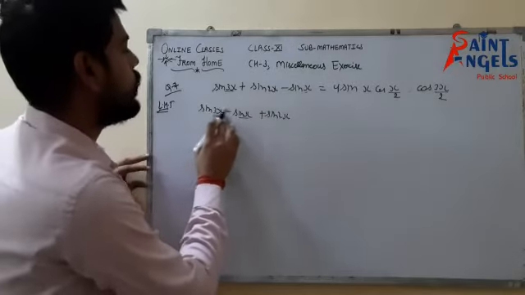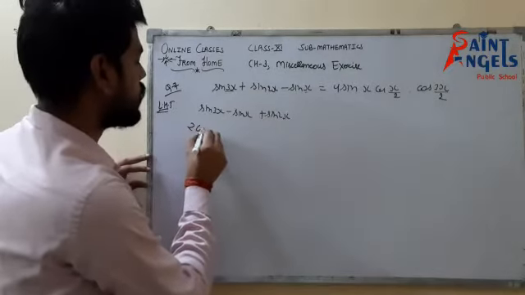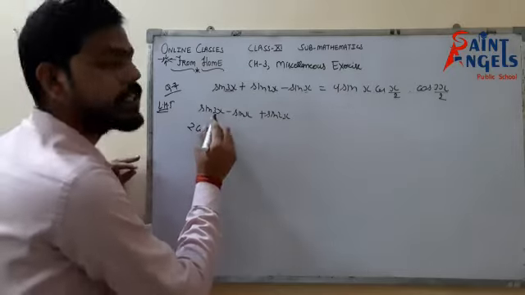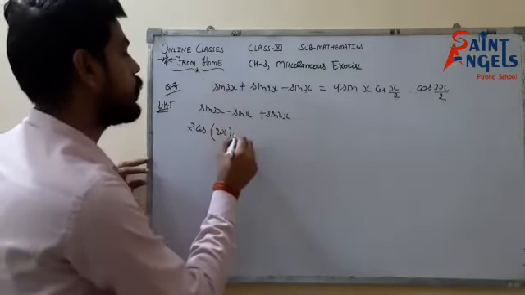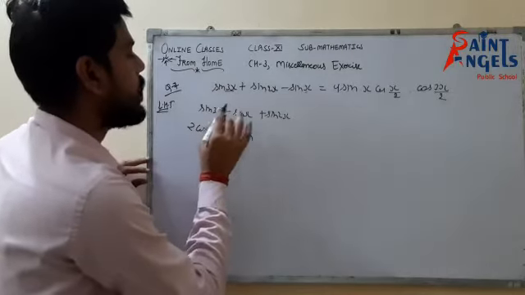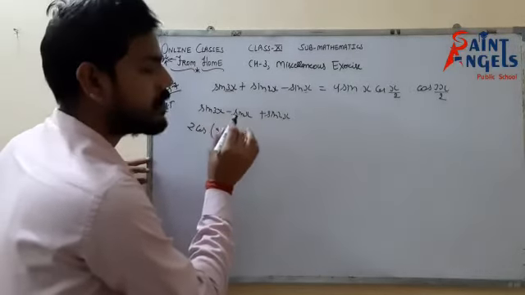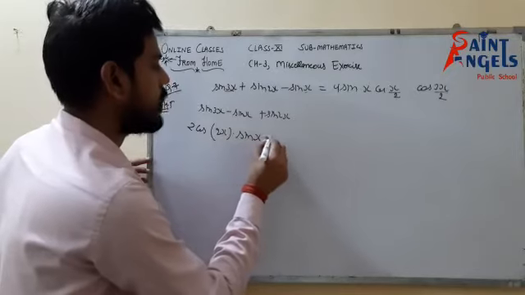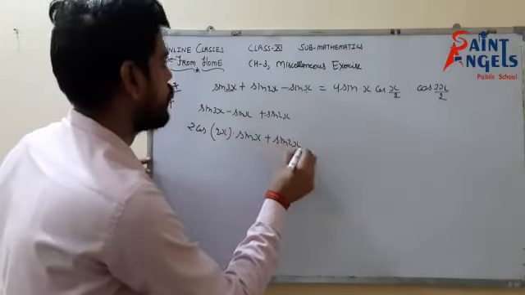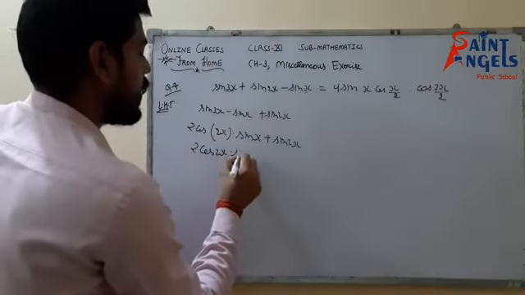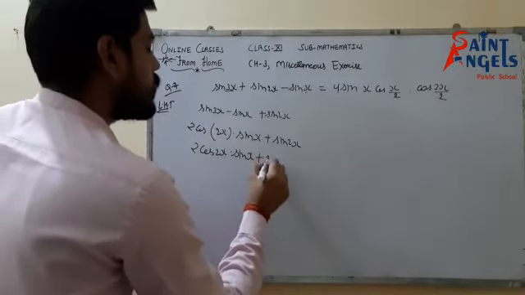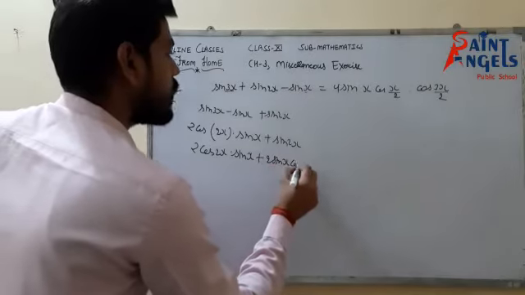That would be 2 cos (a+b)/2, (3x+x)/2, 4x upon 2, it means 2 cos 2x into sin (a-b)/2, (3x-x)/2, 2x upon 2, that is sin x, plus sin 2x. So that is 2 cos 2x sin x, and sin 2x is 2 sin x cos x.